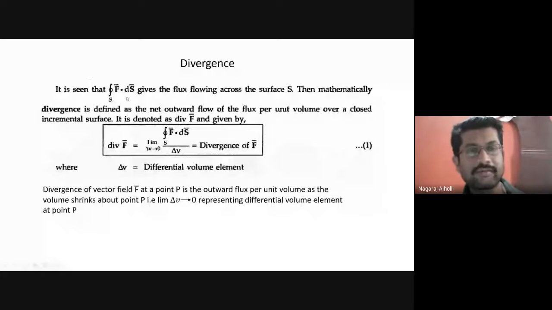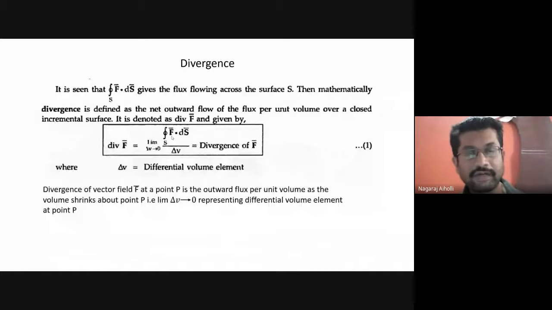Mathematically, what is divergence, students? It is defined as the outward flow of flux per unit volume. The formula for flux is the closed surface integral of F bar dot dS bar, which gives the flux crossing the surface.